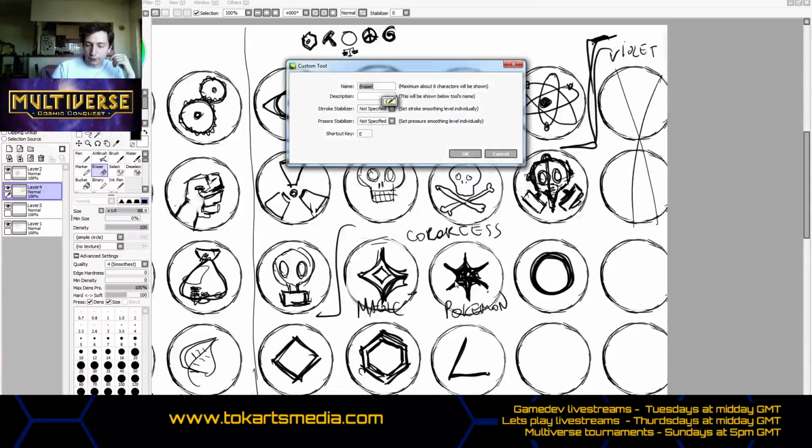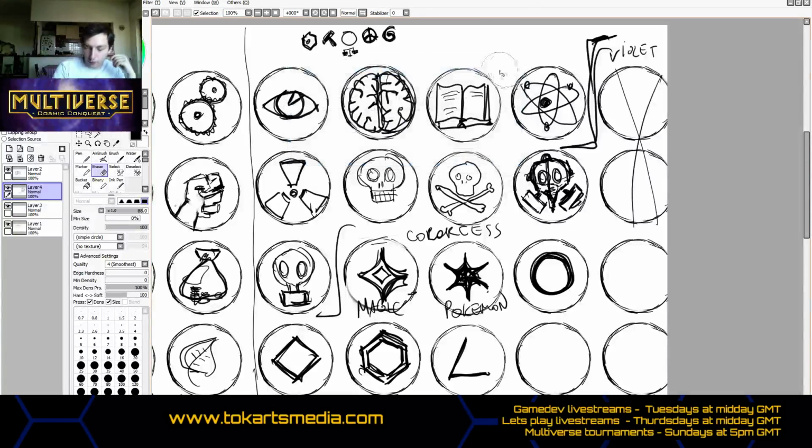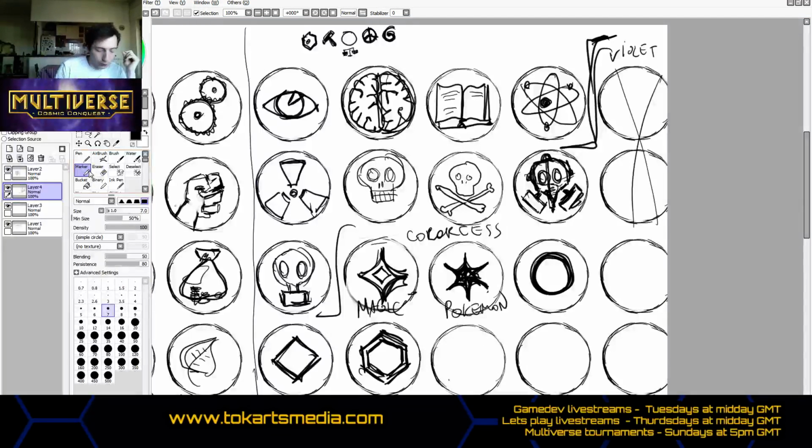I honestly like this Magic symbol a lot, and if we could use something similar for Multiverse, that would make it really great.